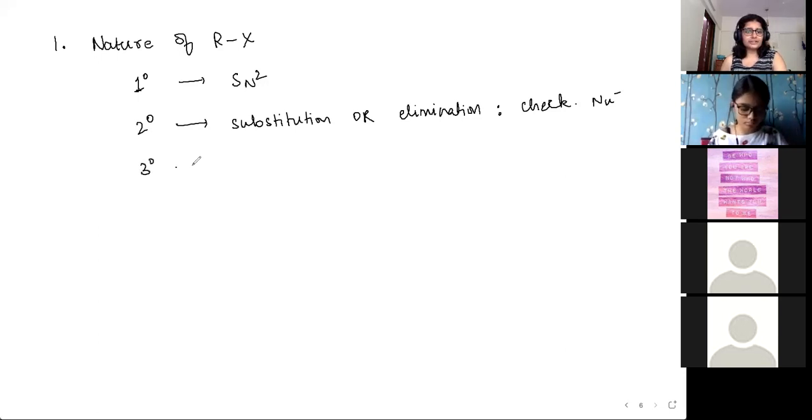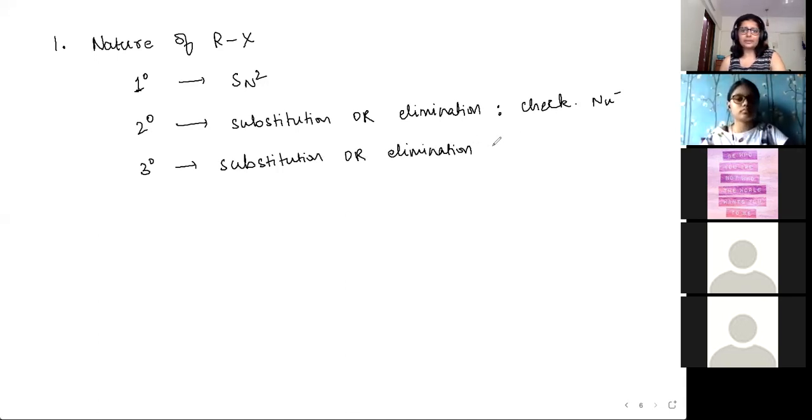And if it is tertiary, again there is likelihood of either substitution or elimination. So in this case, you need to check the stability of the carbocation. More stable carbocation, then substitution through SN1. You can figure that out that way.